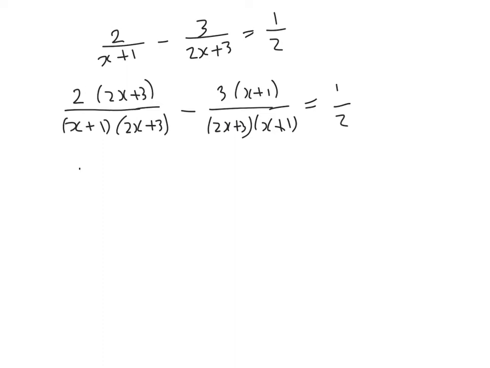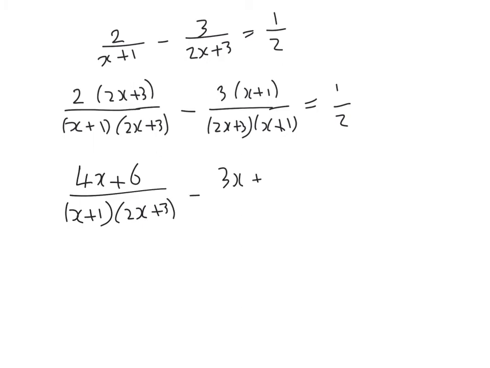Then we can expand the numerators and we get 4x plus 6 over x plus 1, 2x plus 3, and the other one 3x plus 3 over 2x plus 3, x plus 1. And that equals a half.